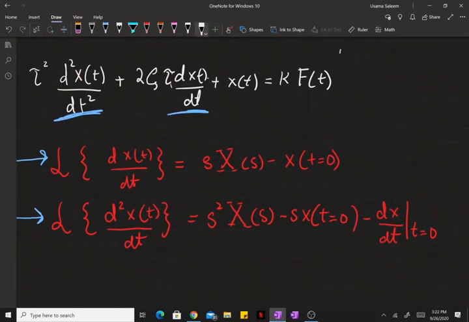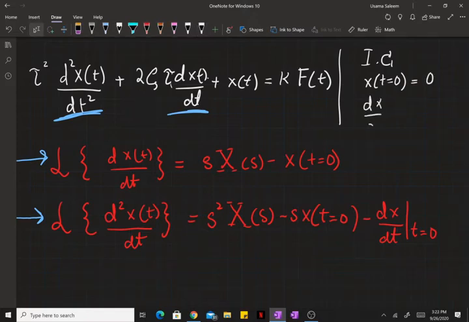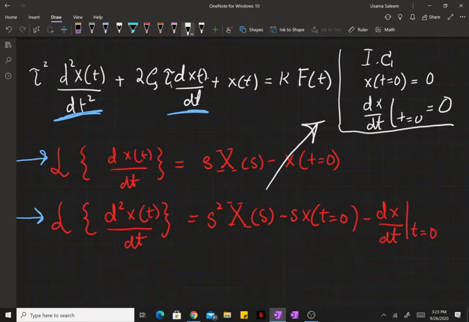And remember the initial conditions that we were playing with: at time t equals 0, our x value was 0, and at time t equals 0, our first derivative was also equal to 0. Once we incorporate these initial conditions into the Laplace transform, this term and these two terms go away.